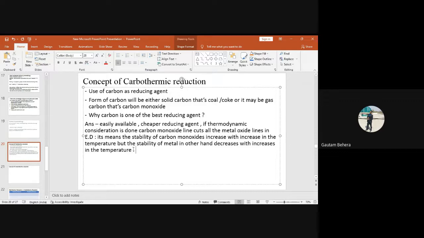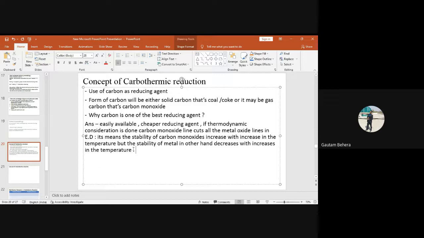So on one hand, the stability of metal oxide is decreasing, whereas the stability of carbon monoxide is increasing. So obviously, if in a reactor we have metal oxide plus carbon and we are applying very high temperature, then what will happen? The carbon will take away the oxygen from the metal oxide because carbon forms a more stable oxide. So carbon will take away oxygen from the metal oxide to form carbon monoxide, and carbon monoxide is stable, it will remain, but the metal oxide will be free from oxygen and it will become metal.